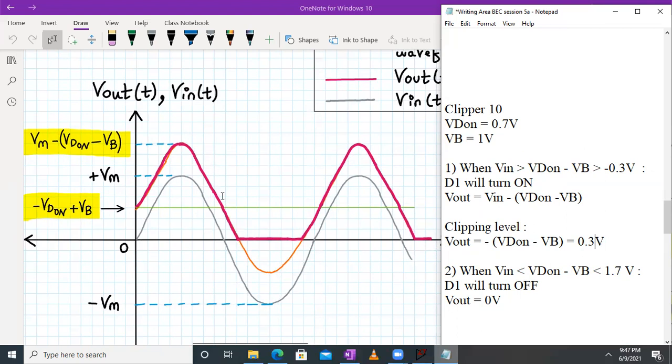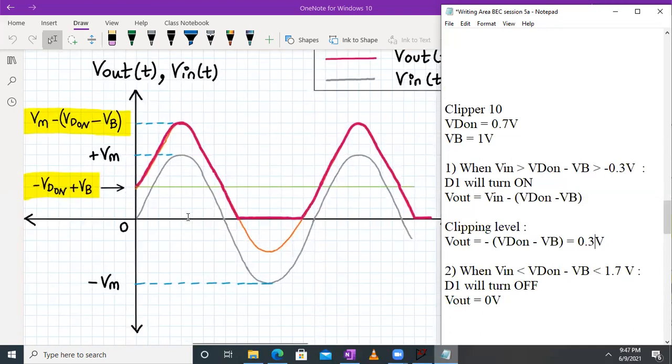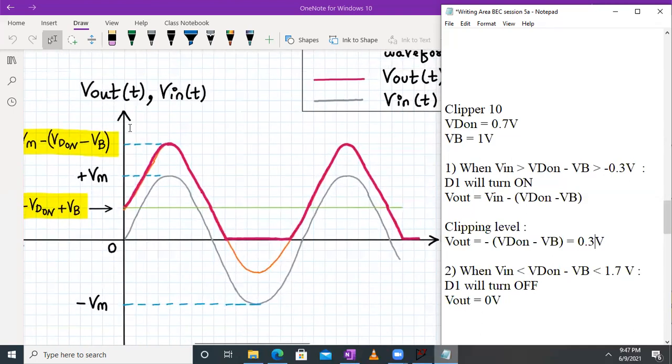So my output will track the input, but with a shift of VD on minus VB. So for the positive values of Vin, your entire tracking level will become my output. Okay, understanding?